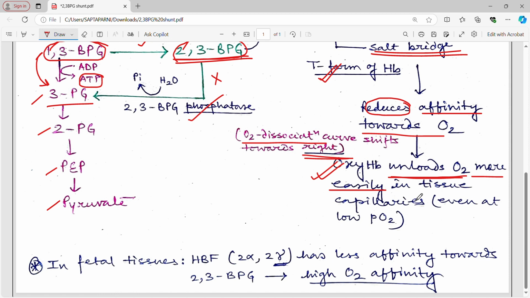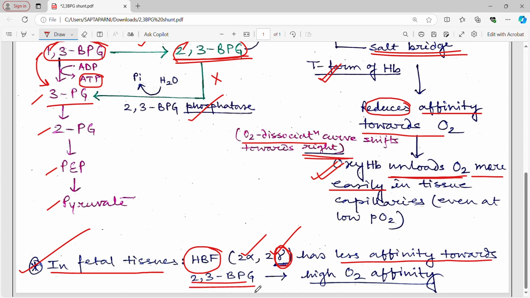Now another important thing to remember is that in fetal tissues HbF is present. The F hemoglobin is made up of 2 alpha chains and 2 gamma chains. But the interesting thing to notice is that these gamma chains have very little affinity towards 2,3-BPG.